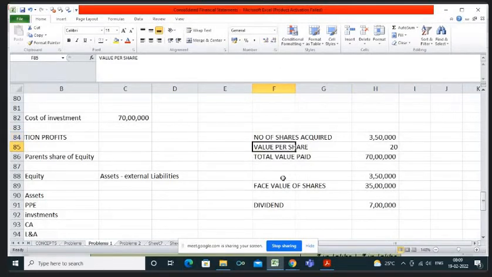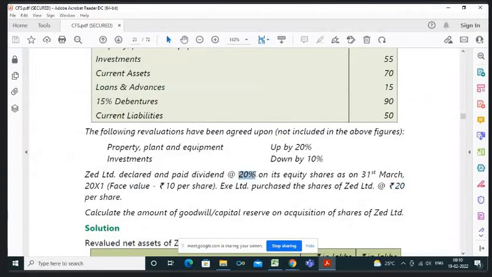Then what would be the face value of these shares? 3,50,000 shares into face value of 10, it will be 35 lakhs. So how much dividend we would have received? They have paid a dividend of 20% on face value.